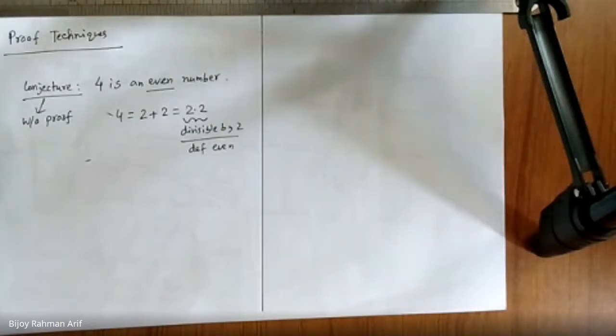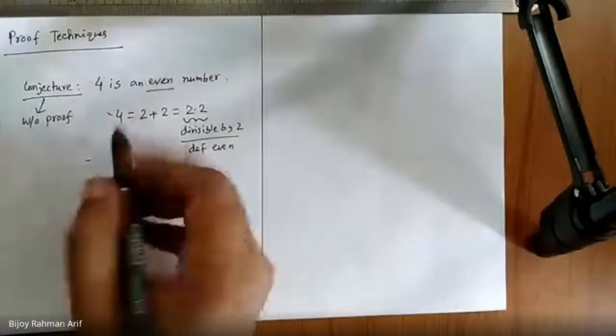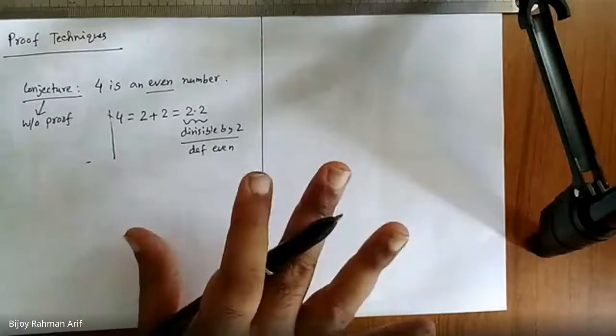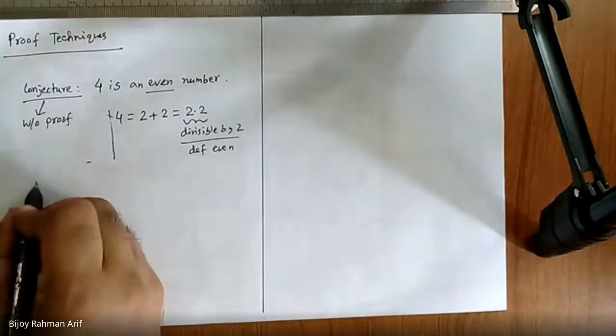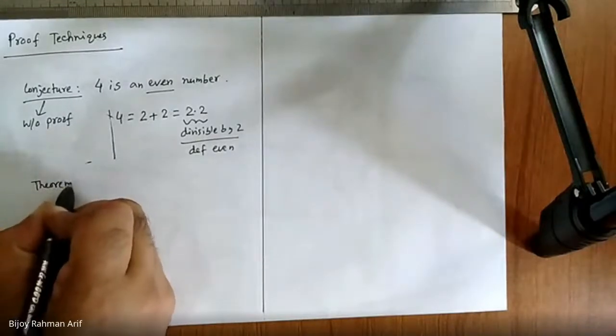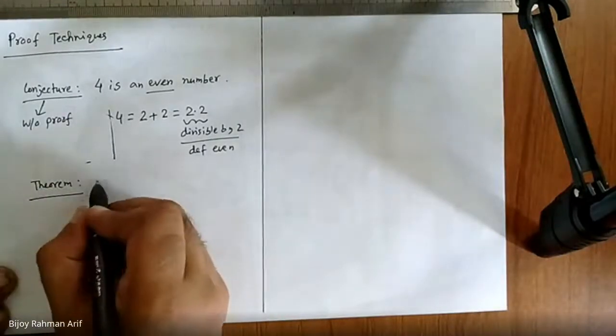Remember the word: conjecture. But here I have already proved that 4 is an even number, so it becomes a theorem. Now I can say 4 is an even number.